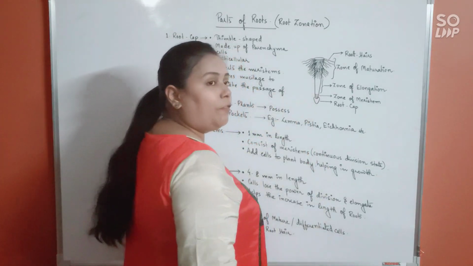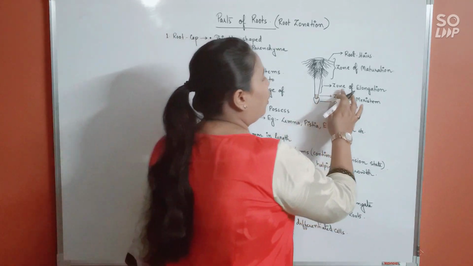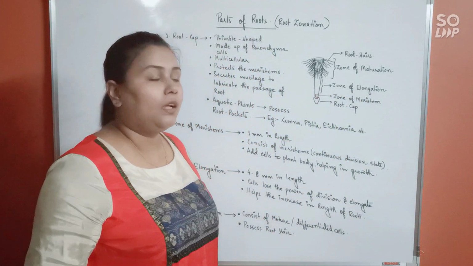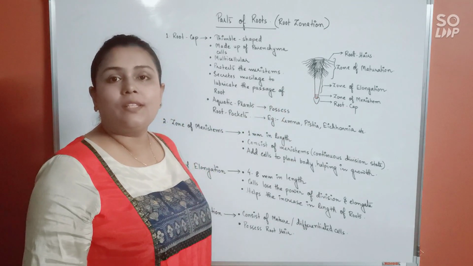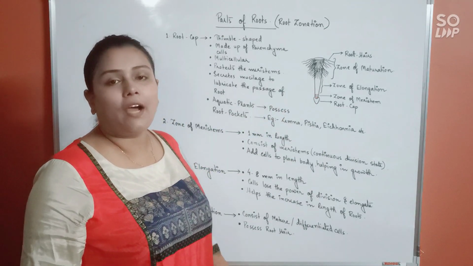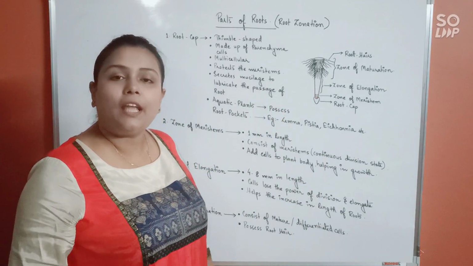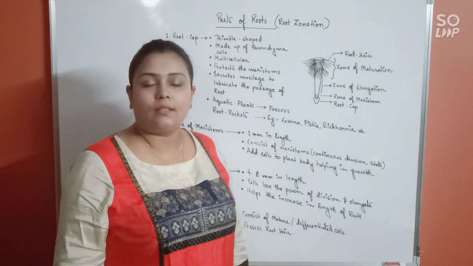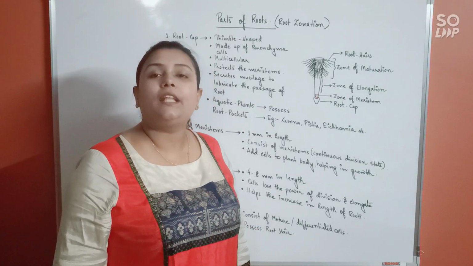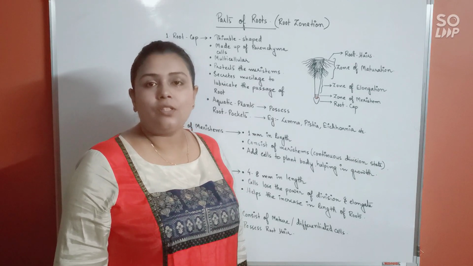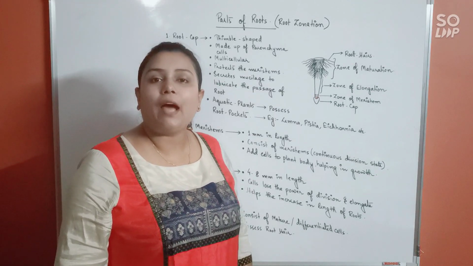Next to the zone of meristems is the zone of elongation. In the zone of elongation, the cells do not divide further, rather they start to elongate. They elongate due to the emergence of a centrally located vacuole.